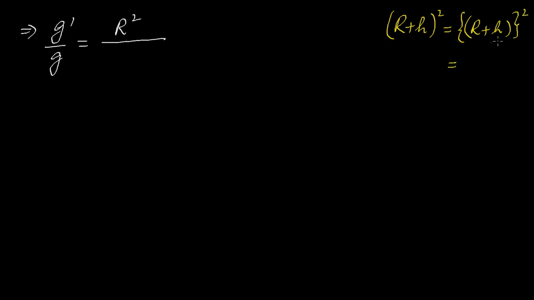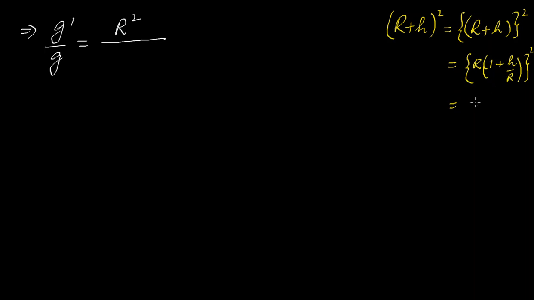Now we can take common first r from here. So if we take common r here inside the bracket, I will get 1 plus h by r. I think I discussed with you already. So this whole big bracket will come from outside square. So you're getting two terms here, r and this term in the bracket.